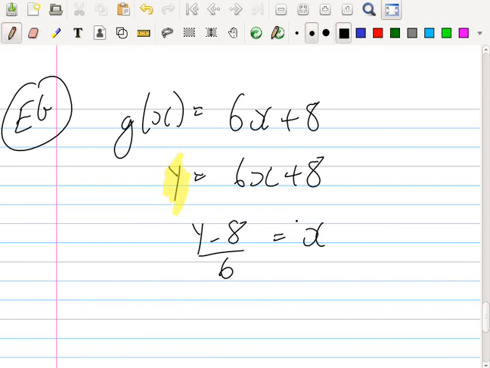So for example, my one at the start was 14. 14 minus 8, 6 divided by 6 is 1. So if I throw 1 into this, it does make 14. So the answer is the range is equal to R. It's easy to make any number you want here. That's an easy one. Now it gets more difficult.